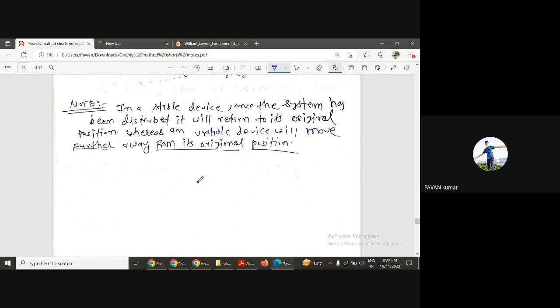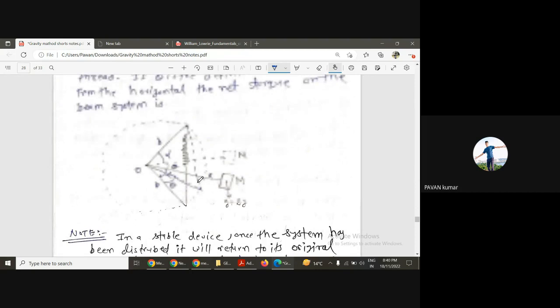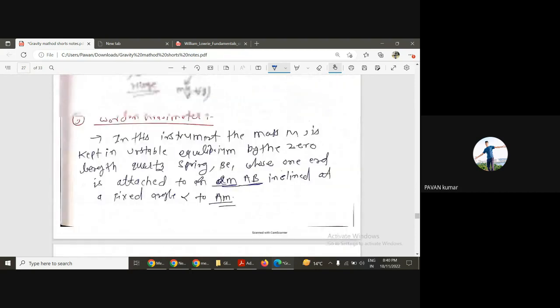That is, when we disturb a stable type gravimeter from the equilibrium point, after some time it comes back to the equilibrium point. But in an unstable type gravimeter, once the system moves away from the equilibrium point, it never comes back. In an unstable type gravimeter, we have an external force which is opposite to the Hooke's force. So this is the basic difference between the stable and unstable type gravimeter.